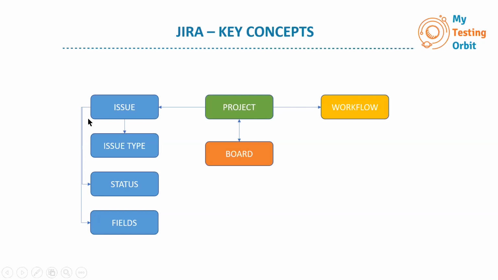Okay, so the central concept is an issue. When we hear this term, issue, it sounds like there is a problem or something like that, but in this case, it's not that. An issue in Jira is any item which you want to track the status of.